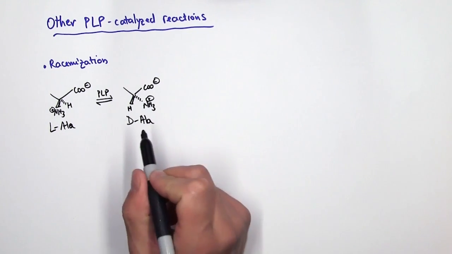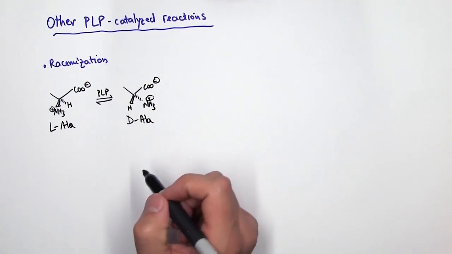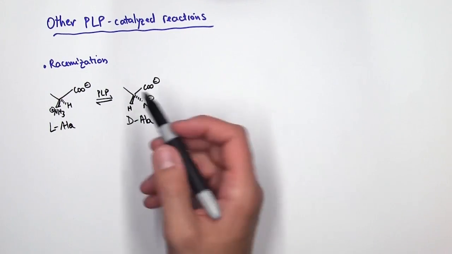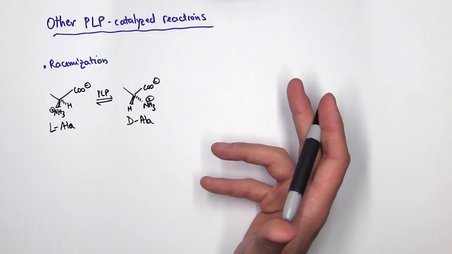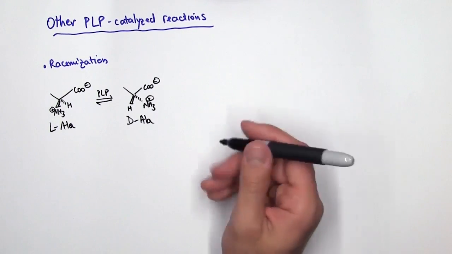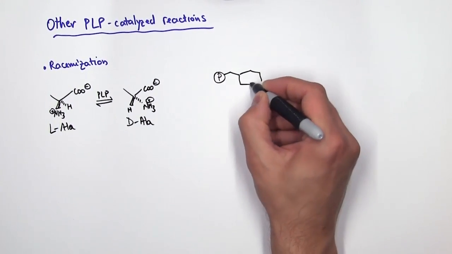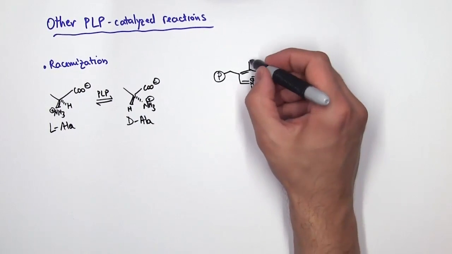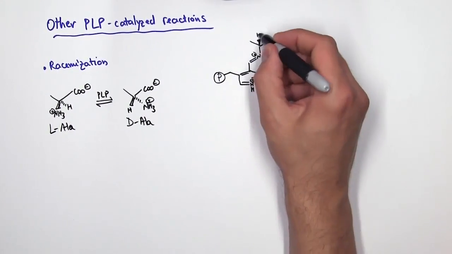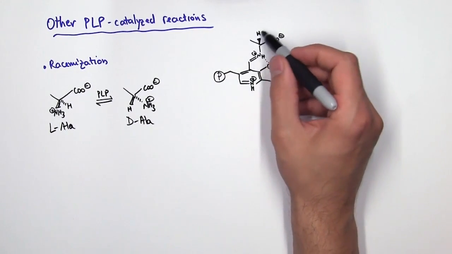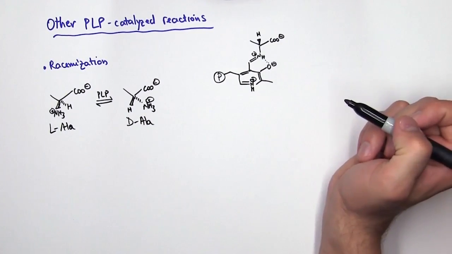Let's take a look at a key intermediate in the PLP catalyzed reaction. As before, L-alanine is going to react with the PLP bound to the enzyme, and it's going to form an imine. Here we're highlighting the stereochemistry of the alpha hydrogen.